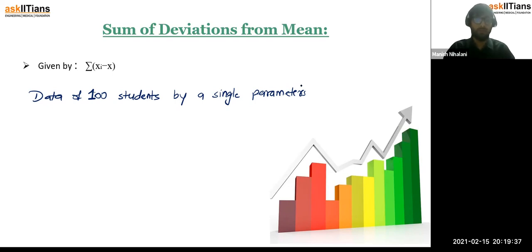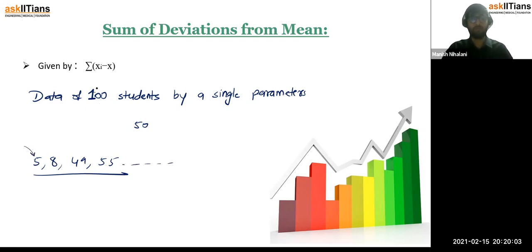Let's say the average for the data of 100 students is maybe 50. The observations were maybe 5, 8, then maybe 49, 55. All of these were observations, and there were many more obviously, since we are talking about 100 students.